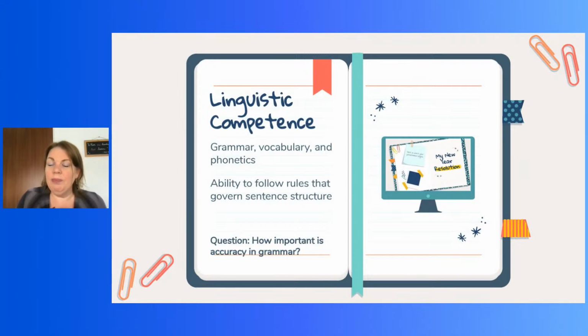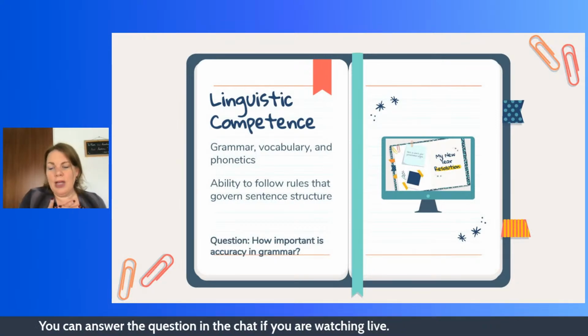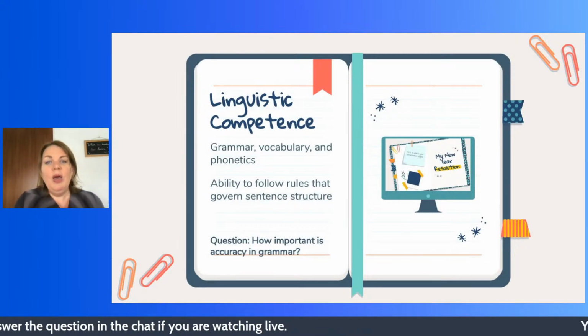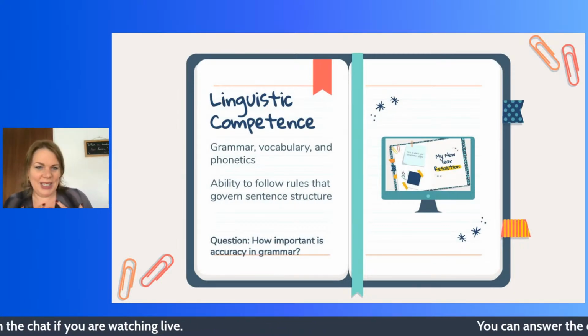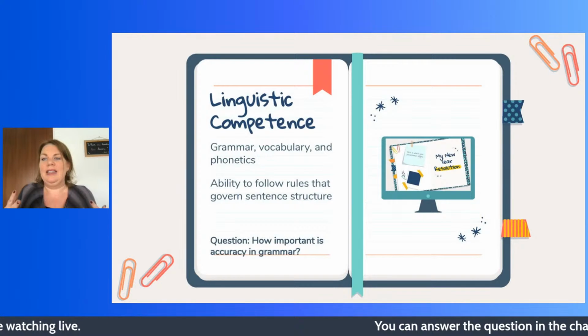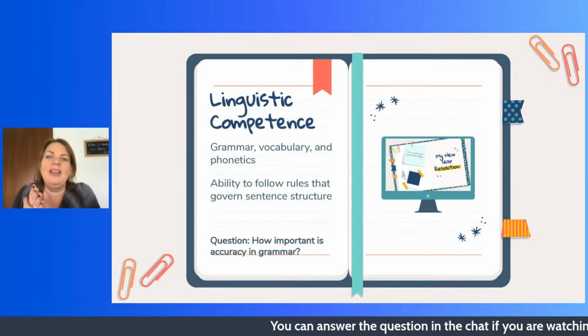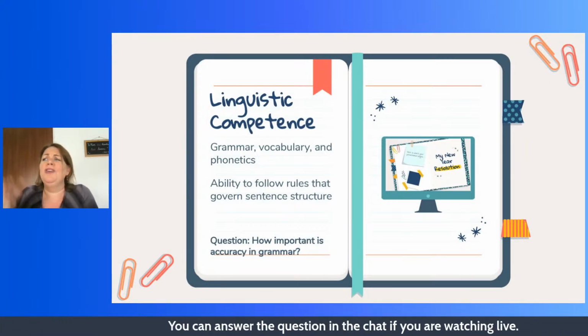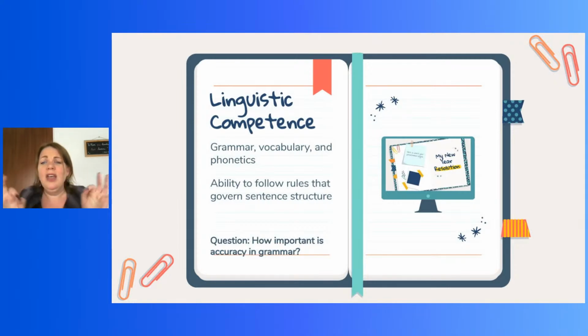Let's think about it, because if our focus is communication, how important is accuracy? And this is a difficult question for some teachers, because our instinct as teachers, our initial thought is, we have to make sure we correct everything, and their grammar must be perfect, and they must conjugate all verbs exactly right and everything.